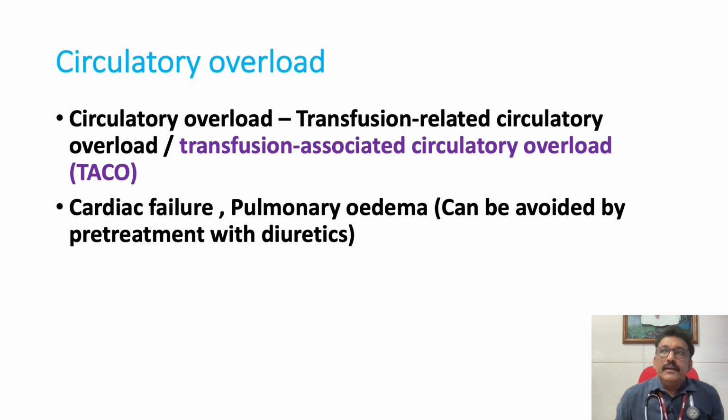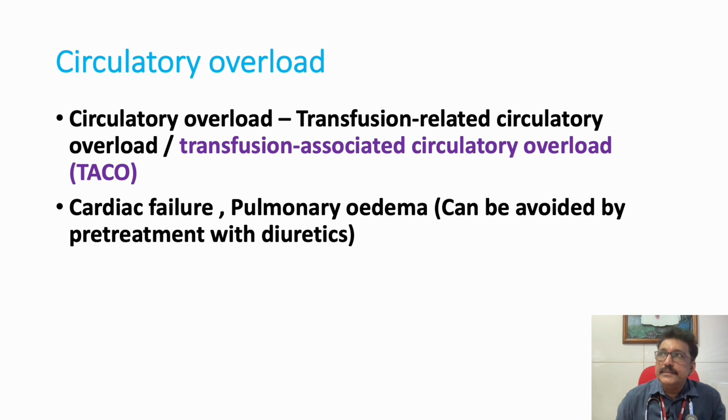Now, another important condition which is a close differential diagnosis for TRALI is TACO, transfusion associated circulatory overload. It is similar to fluid overload. Whenever there is severe anemia, there will be a compensatory mechanism and the patient will have more plasma. That means the patient is fluid overloaded, but RBCs are less in number. That's why they have anemia, but fluid is more.